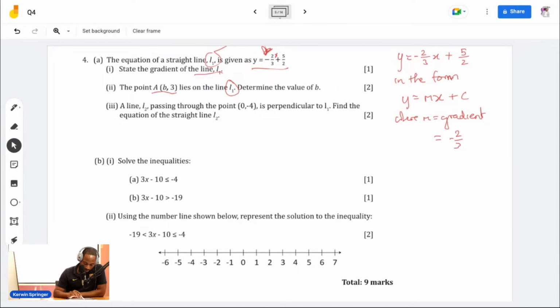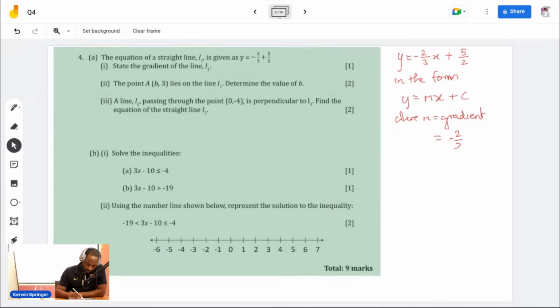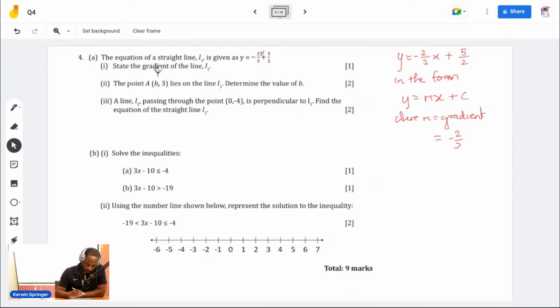So there's some point that lies on the line, and we're going to determine the value of B, the x coordinate in the point. So what I need to do is say when y is equal to 3, x would be B. Where do I get the 3 from? I just need to substitute. This is clearly another substitution question.